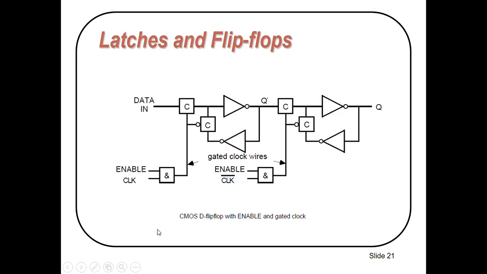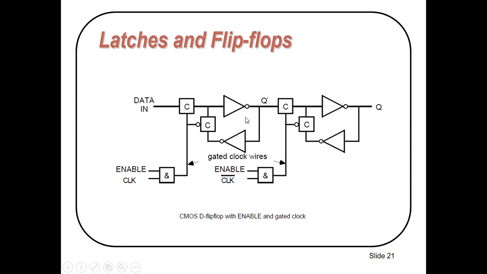Again this is the implementation of a CMOS T flip-flop with enable and gated signal. Here you can see this is the enable and this is the gated clock. We have placed an AND operation here because when both of our inputs are high, this signal will be high.